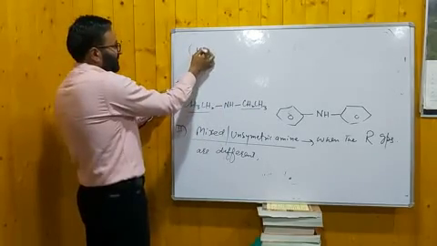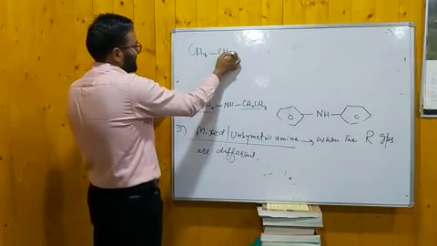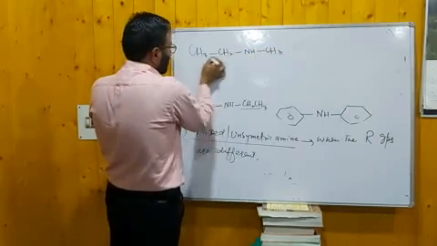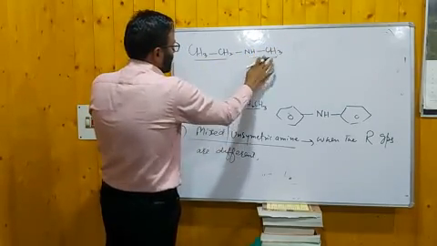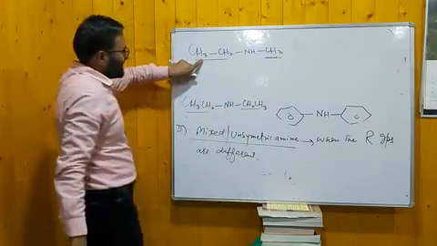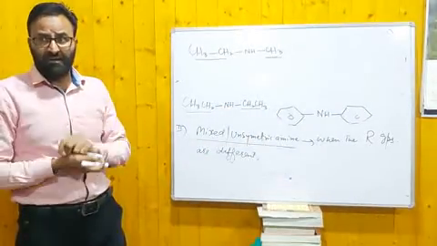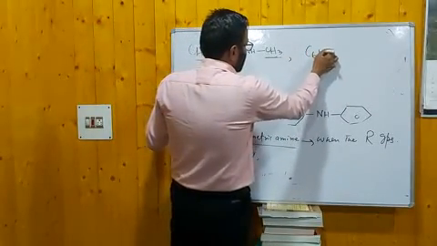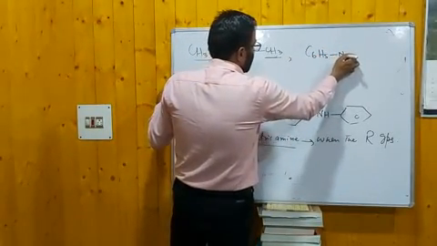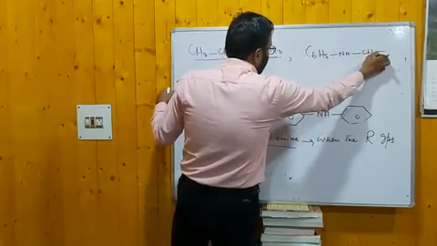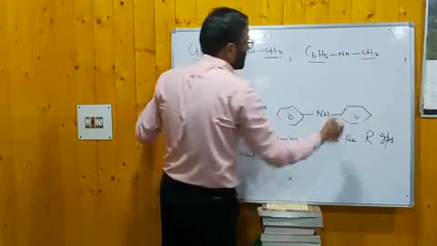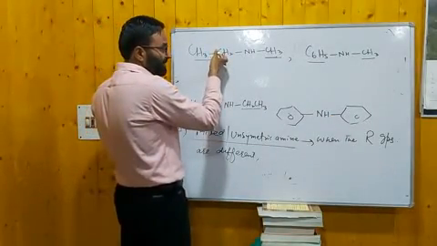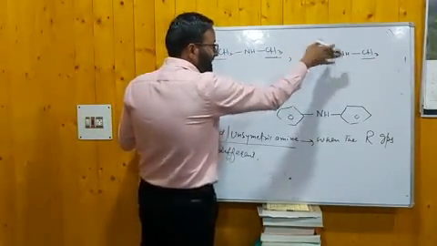For example, you will have CH3, CH2, NH, CH3. Here you will find that one group is ethyl, another one is methyl. They are different. It will be the mixed. I will take this example also: you will have C6H5, NH, CH3. One is phenyl, second is methyl. They are different. This is secondary mixed type. It is also a secondary mixed amine.